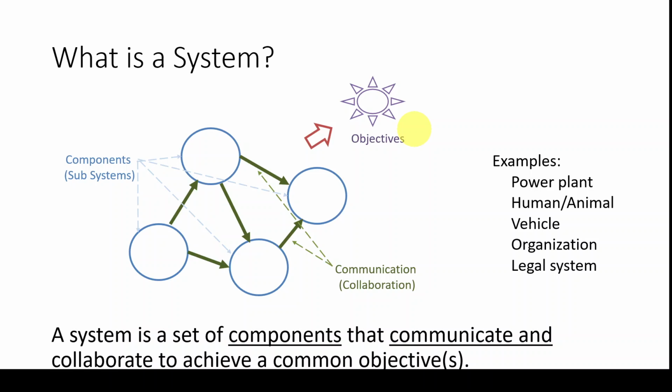The respiratory system is there, the blood circulation subsystem is there, the digestive system is there, and those subsystems also have different components. For example, in the digestive system you have the stomach, the liver, and many other subcomponents, and they all collaborate and communicate.